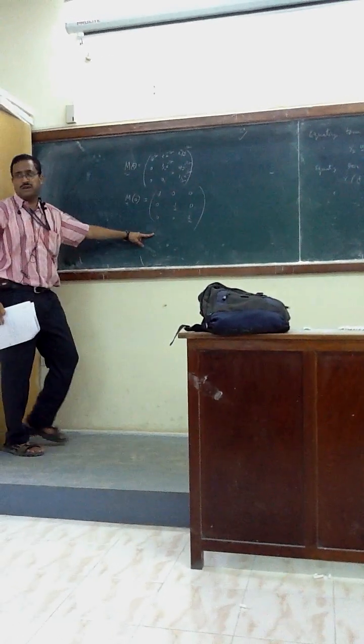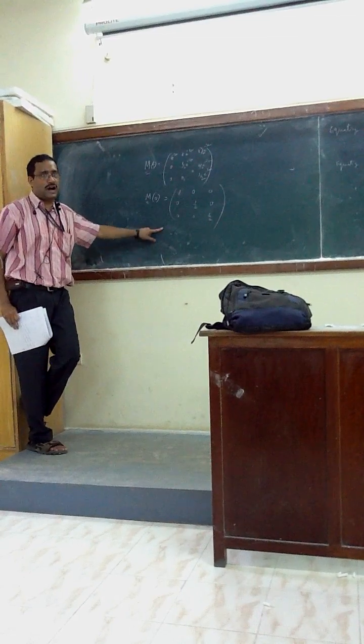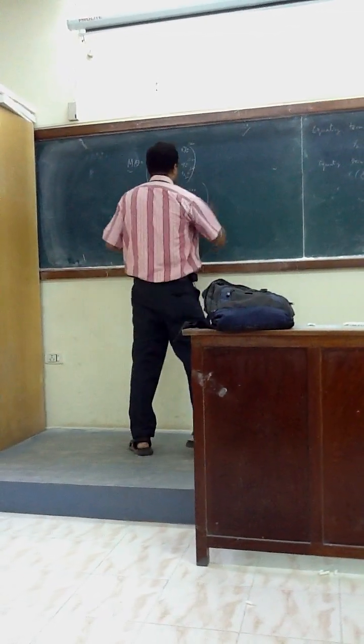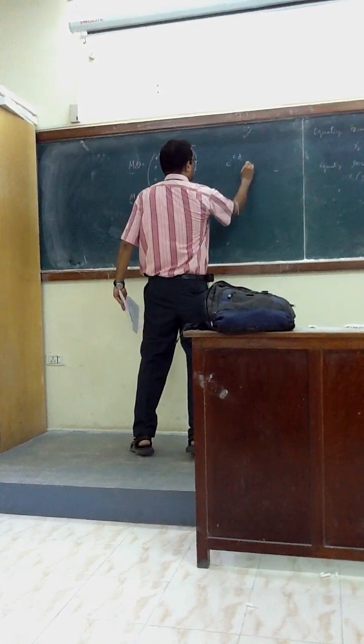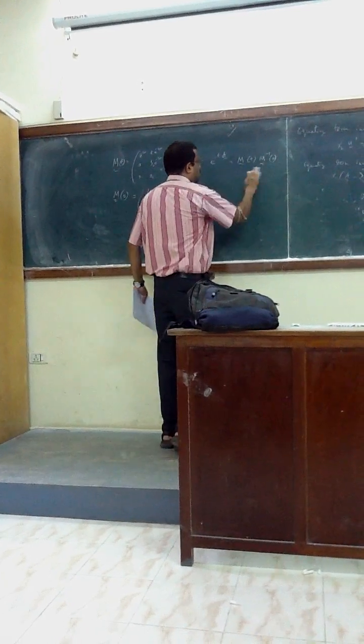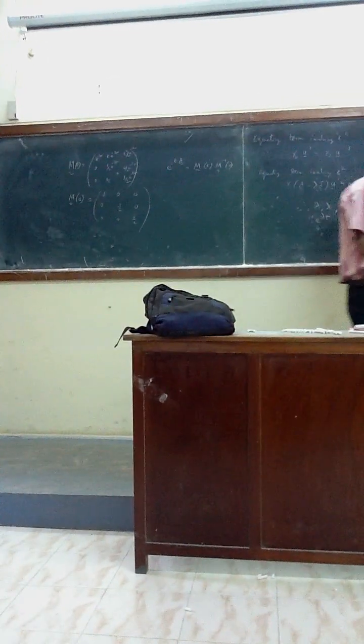Remember that it is a diagonal matrix. It cannot be a null matrix. Then your e to the power tA will be M(t) M inverse(0). And next class you should tell me the answer.